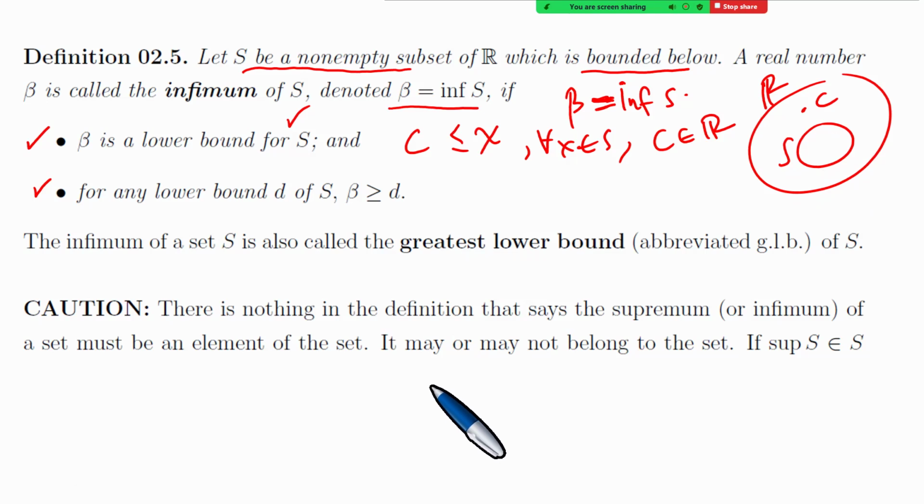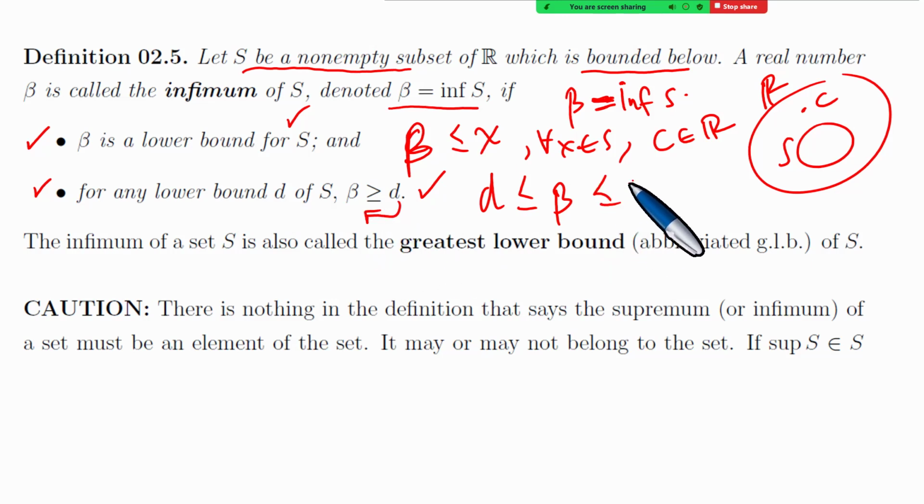So we continue. For any lower bound D of S, here obviously we're calling it beta. But now what about if you find D? You can find D such that D is smaller than beta, but beta is smaller than x.